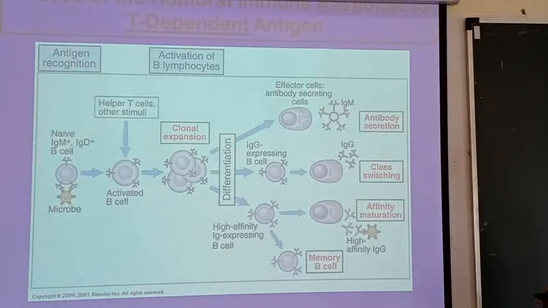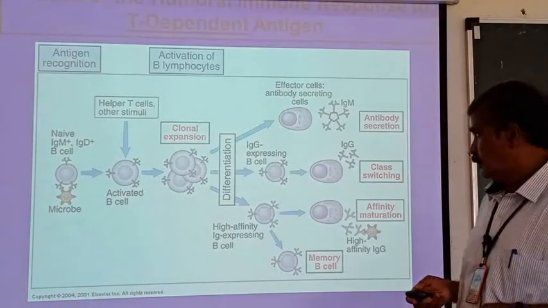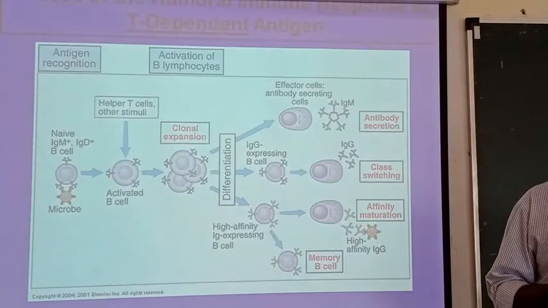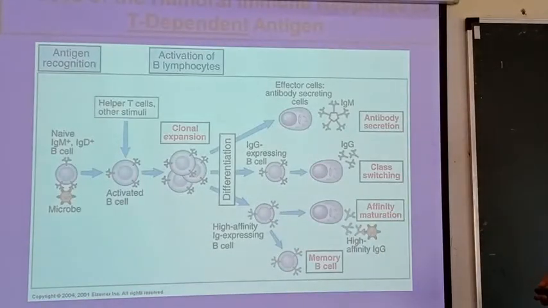Now how is the T dependent antigen response carried out? First there is antigen recognition, afterwards activation of the lymphocyte, and then secretion takes place. So these are IgM and IgD B cells, the microbes attach and sensitize this B cell, which produces IgM and IgD. Stimulation through the helper cell is very important; I told you the activation of the B cell is very important, and once activation takes place a clone is synthesized.